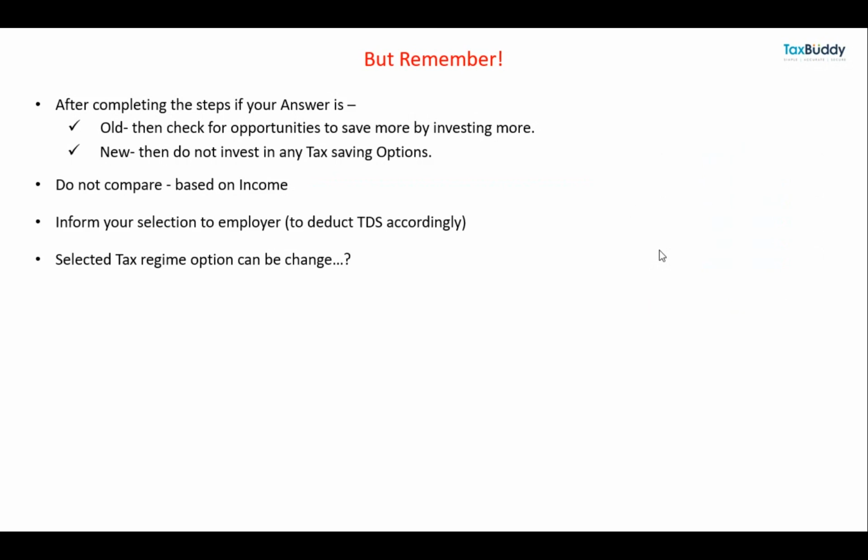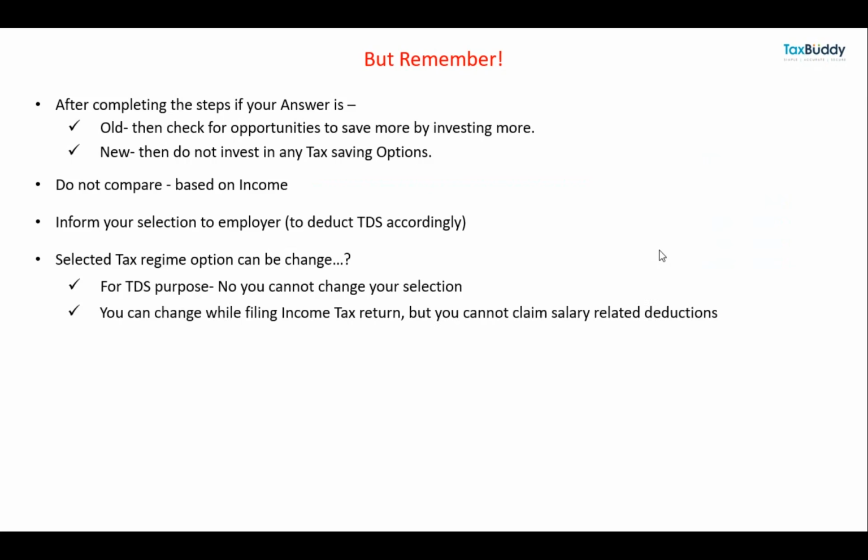Selected tax regime option, can it be changed? For the TDS purpose, no. You cannot change your selection for the entire 12 months. Yes, you can change at the time of filing your income tax return, but you cannot claim salary related deductions. As I mentioned in the previous point, you need to claim old regime at the time of declaration to the employer.